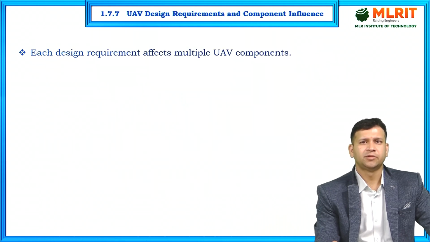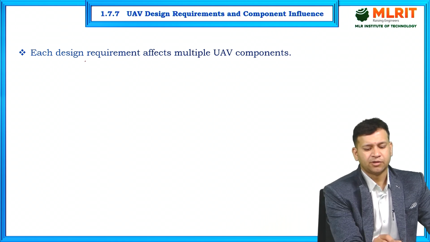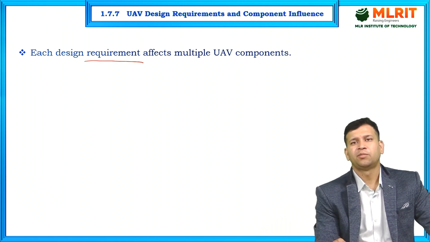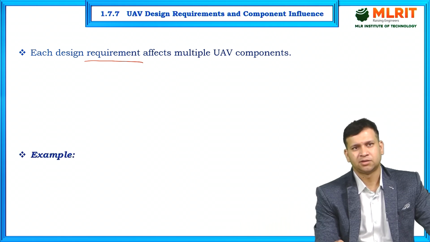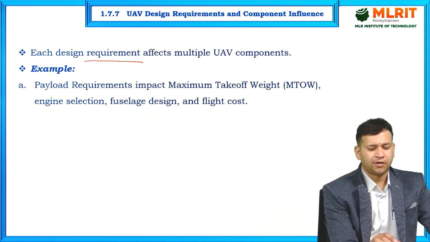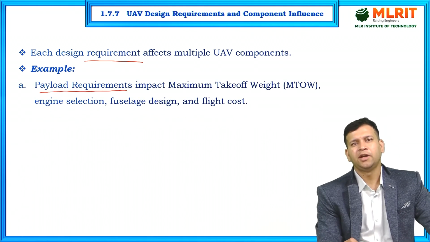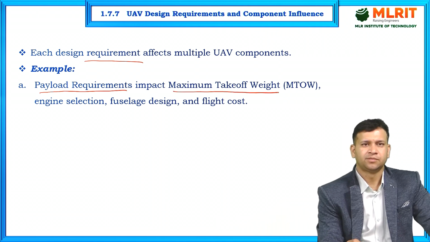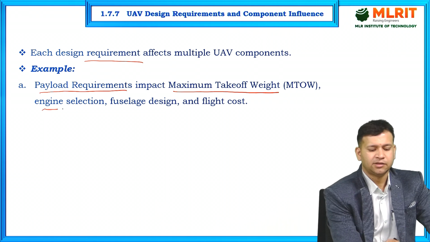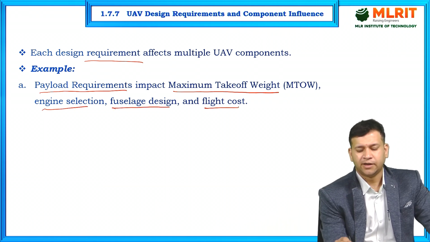UAV design requirements and the components which they influence. Here each design requirement affects multiple UAV components. Every component which we choose will have multiple effects. For example, if I increase the payload requirements, it will affect the maximum takeoff weight, then engine selection, the fuselage design and flight cost.